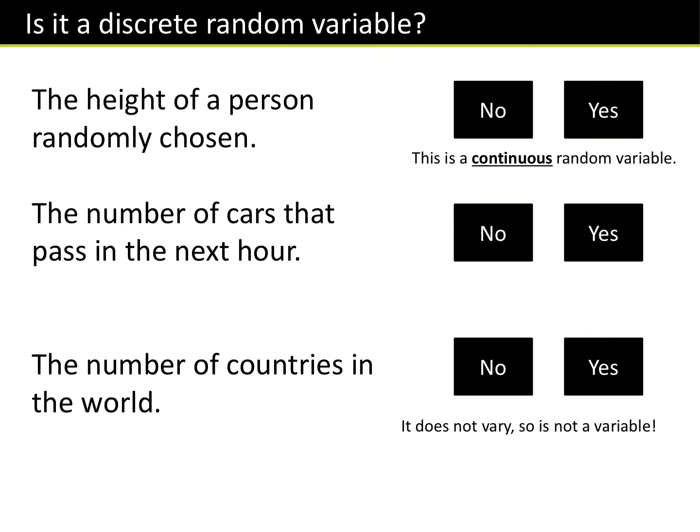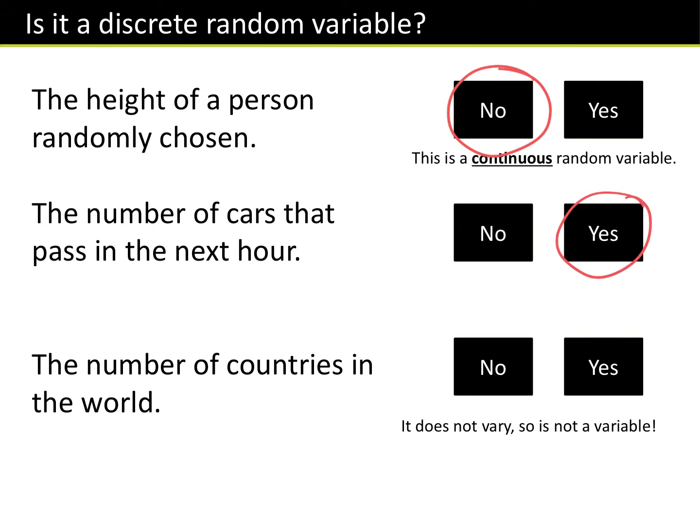Discrete random variables, what are they? The height of a person is not discrete, because it is continuous. The number of cars that pass in the next hour: is this a discrete random variable?